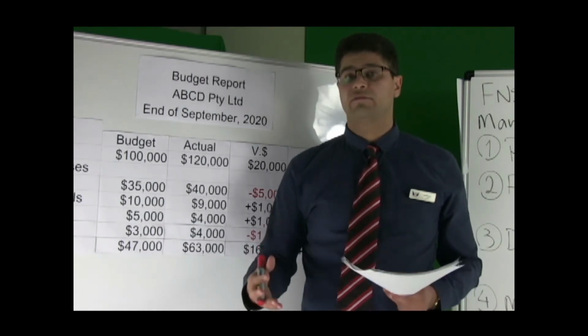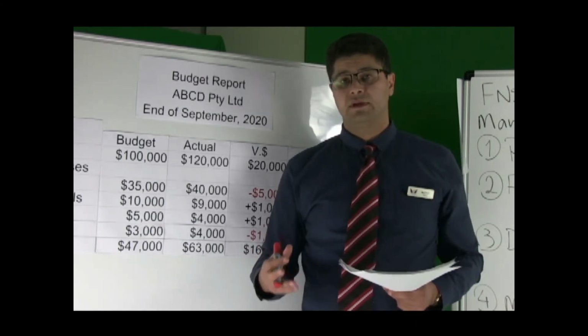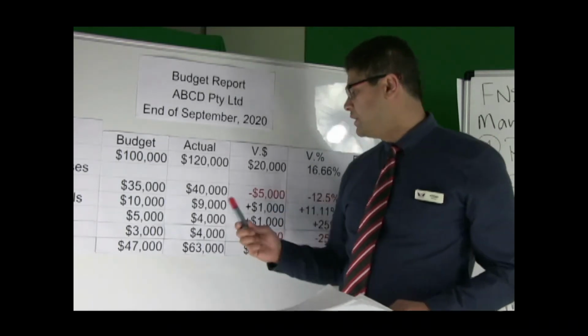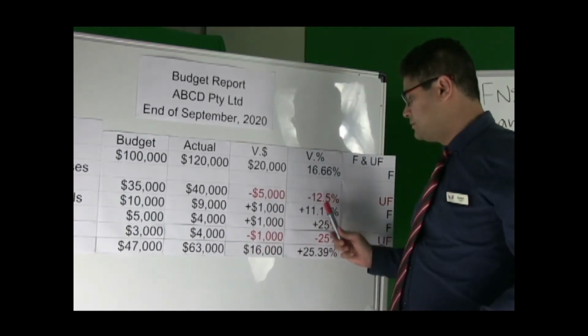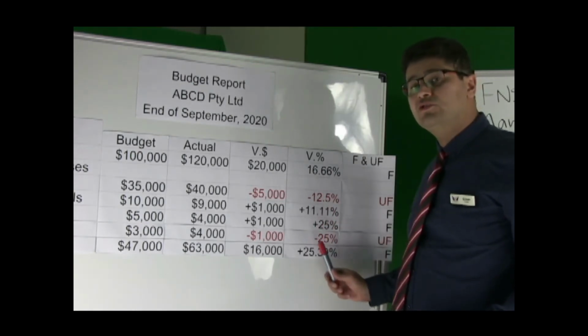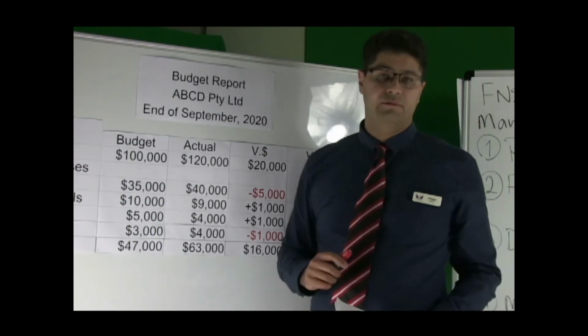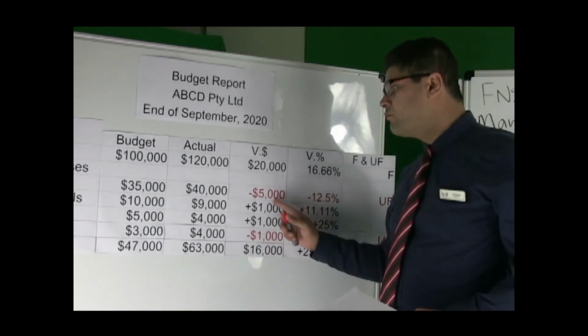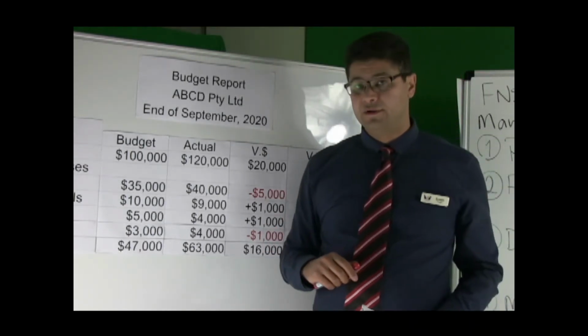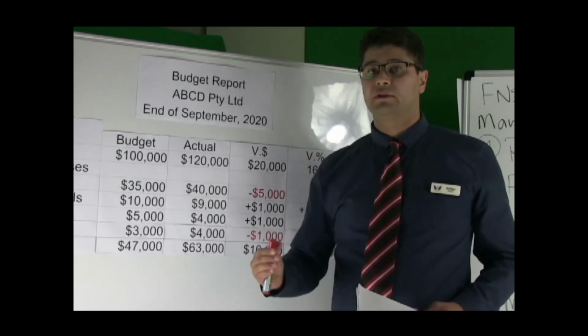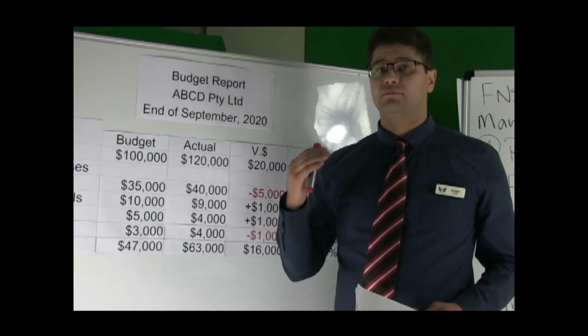If you're getting unfavorable at the end, you have to think twice. What's your operation? Which area are you making mistakes in? You need to review this area to see why you are getting unfavorable. Why is your wage $5,000 more than what you predicted, even though when you predicted, you considered all parameters in there.